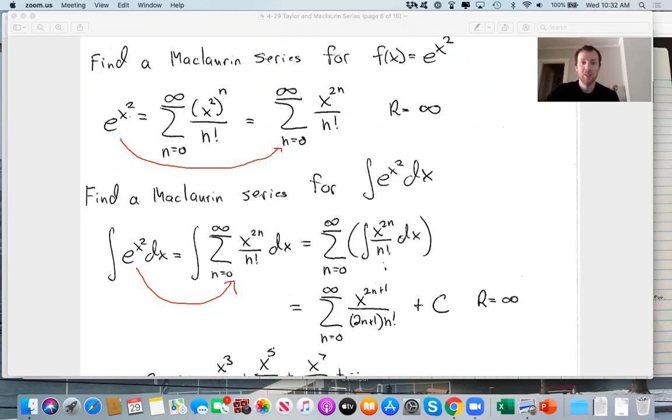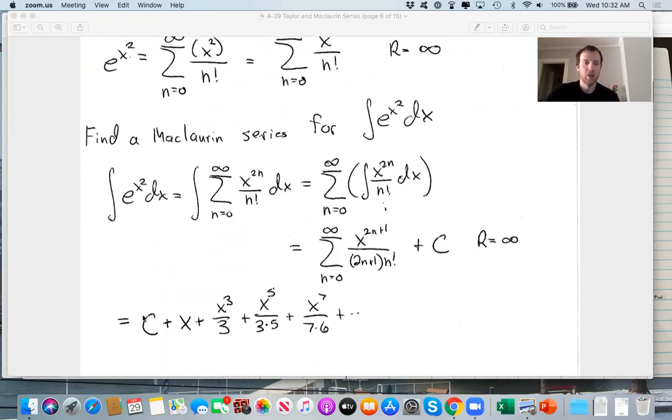So this, and we can write out some of the terms, looks like whatever constant we pick plus x, that's if n equals 0, x cubed over 3 if n equals 1, 2n plus 1 is 3, so that's 3 there, 1 factorial is 1. And then we can keep going with the powers and this factor in the denominator matching, but then also these factorials.